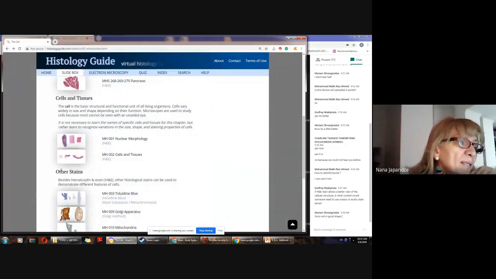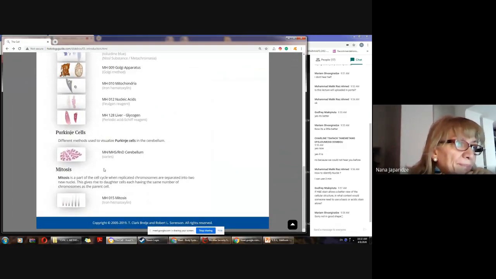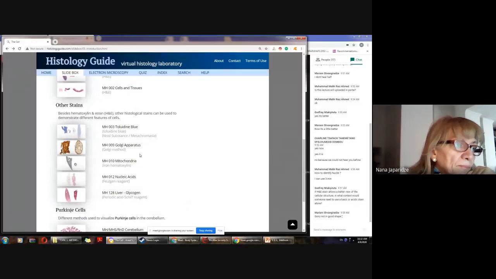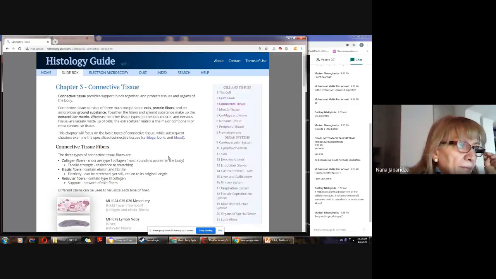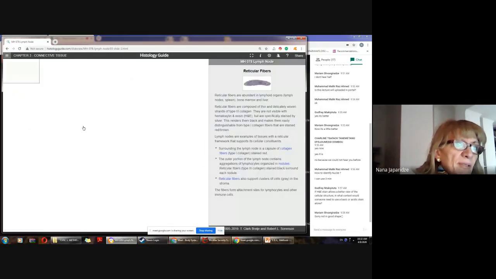Look, neurons and, wait. Look, lymph node, which is stained with the silver staining, and via which we are able to identify the reticular fibers.